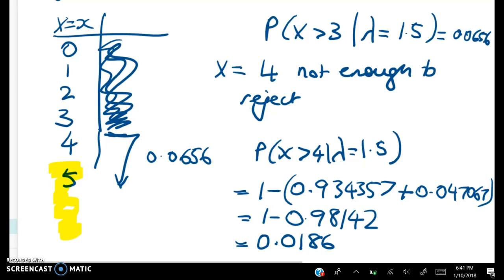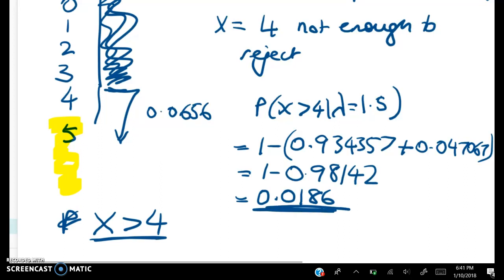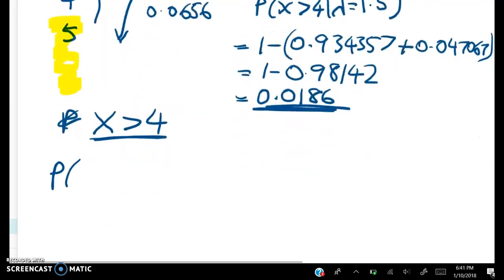So hopefully that's clearer than mud. What we're saying is that if we have x greater than 4, that's when we're going to reject, and the chances that we're doing that incorrectly are 1.86%.